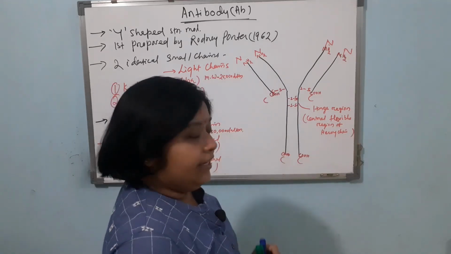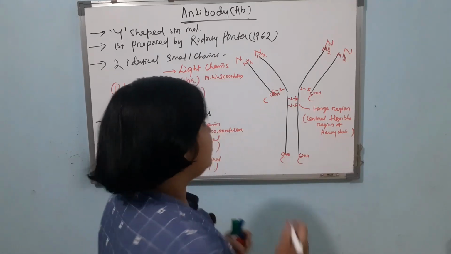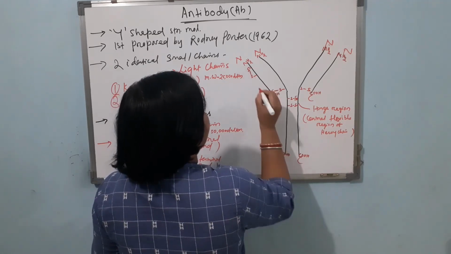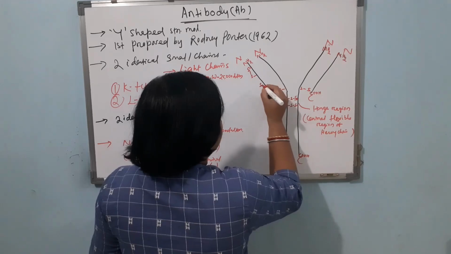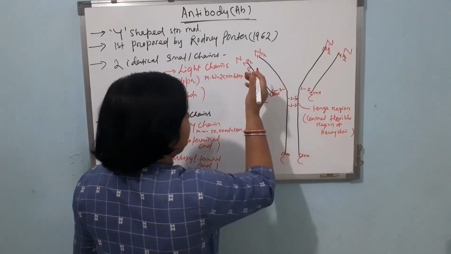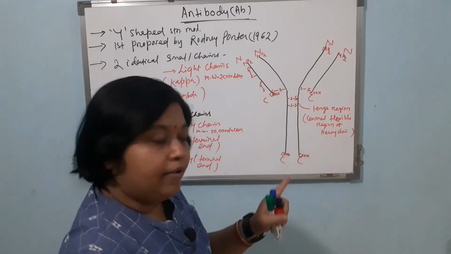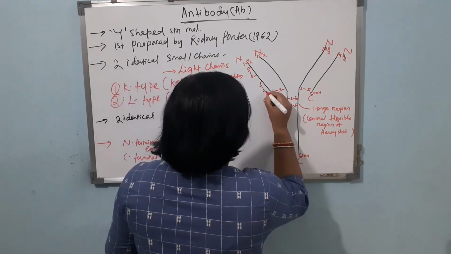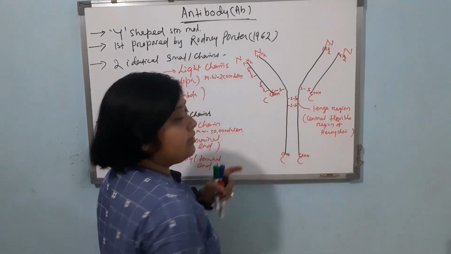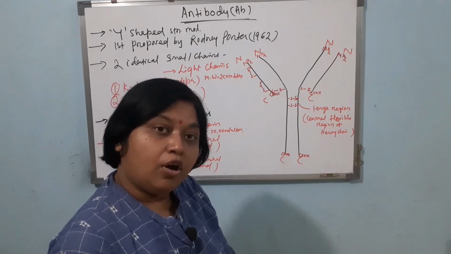In this light chain, you will find two intra-disulfide bonds. Here you will find one disulfide bond at its variable region, and this variable region you will find at amino terminal end, and another disulfide bond you will find at C terminal end or constant region of light chain.